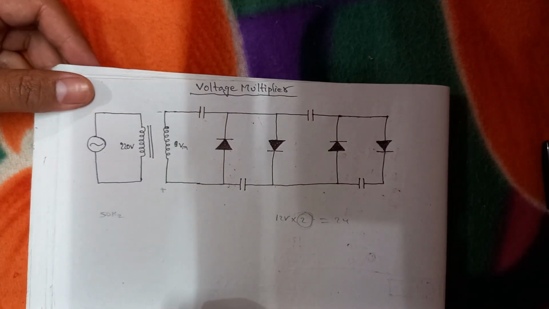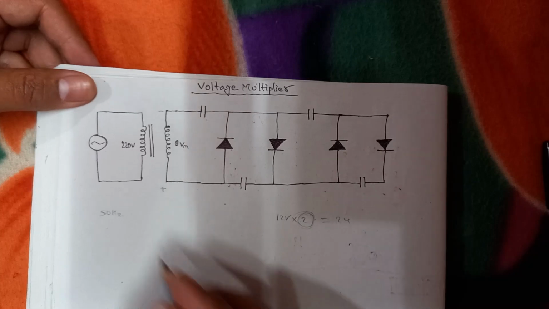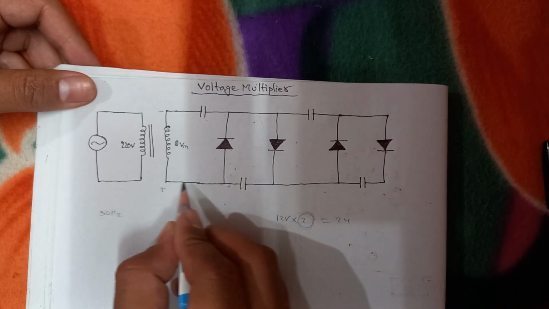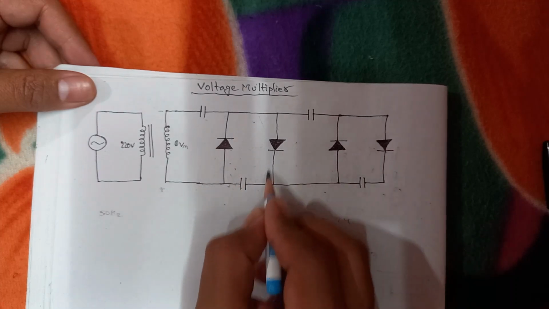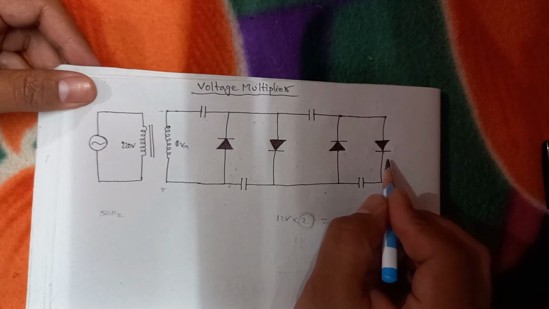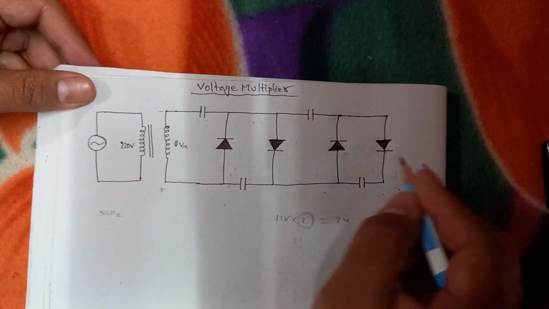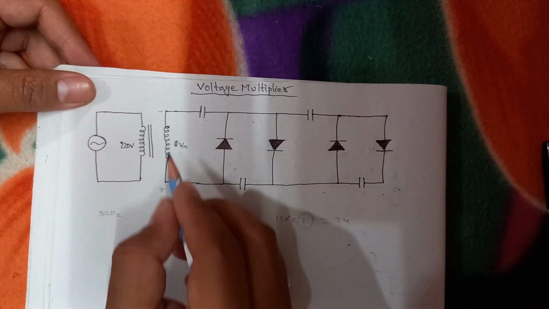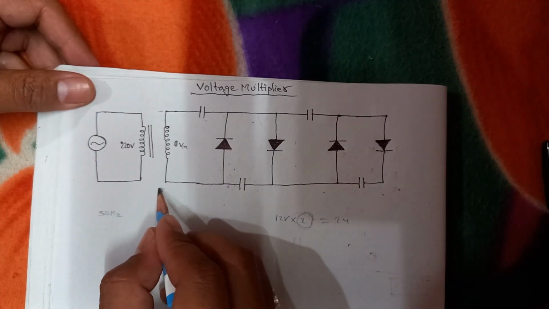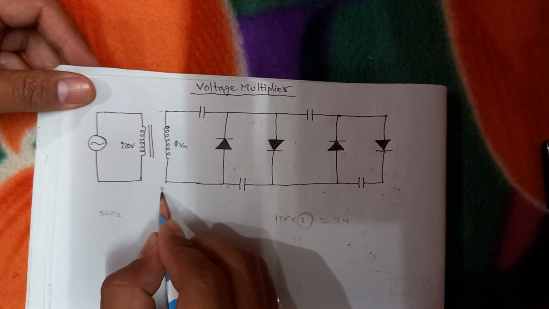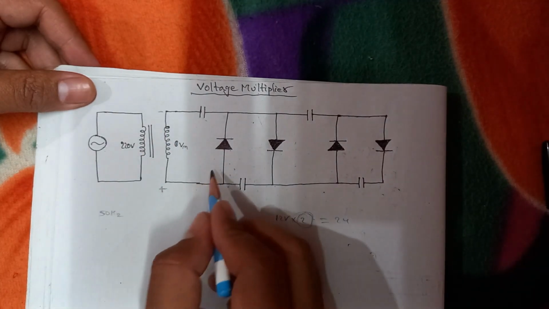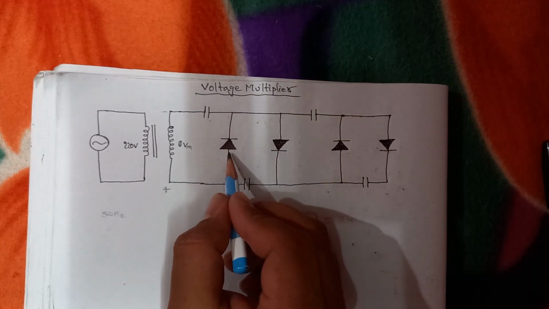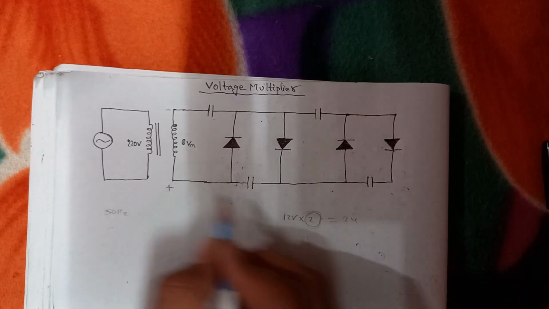So if this is positive and this is negative, then this is connected with the positive one, and here it is connected to the negative one. So these two diodes will be reverse biased and these two diodes will be forward biased. In this case, we can assume that these two diodes are joined with a wire, as there is no diode effect because it is forward biased.